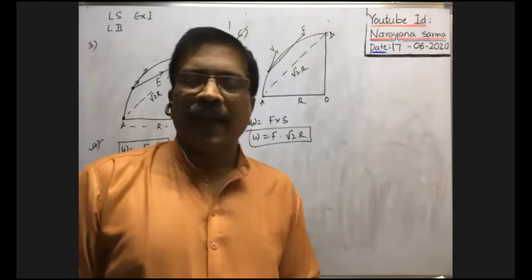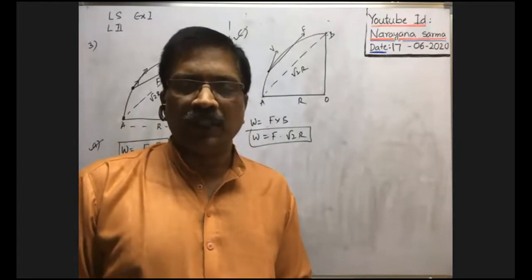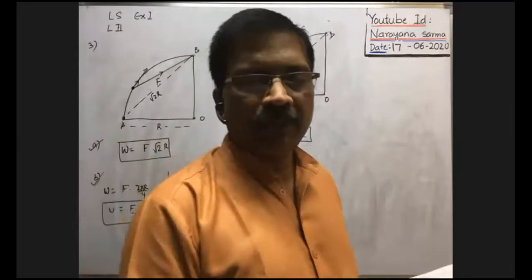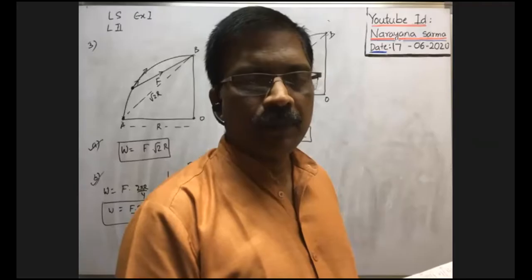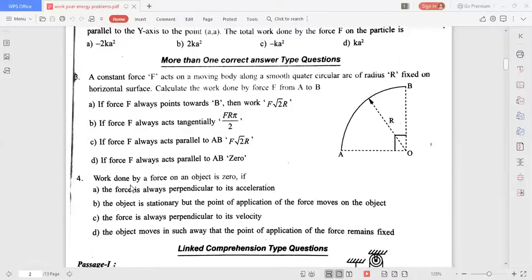Actually, acceleration lies along the direction of the force only. Okay, I will share the screen. I forgot. Okay, you see the fourth problem. The force is always perpendicular to the acceleration. Actually, acceleration is always along the direction of the applied force only. So that is not correct. Whatever the direction, force is always along the direction of acceleration only.